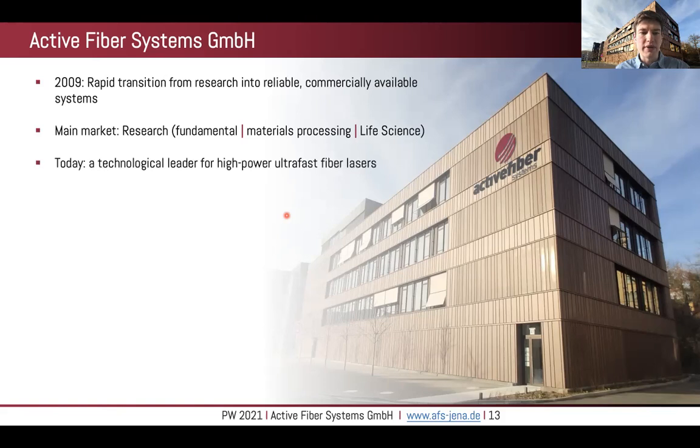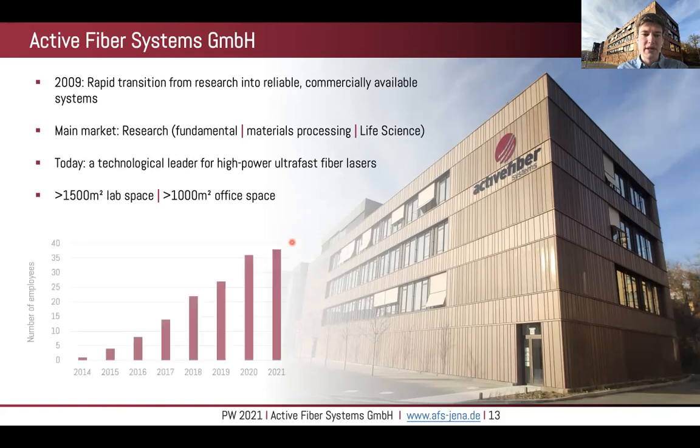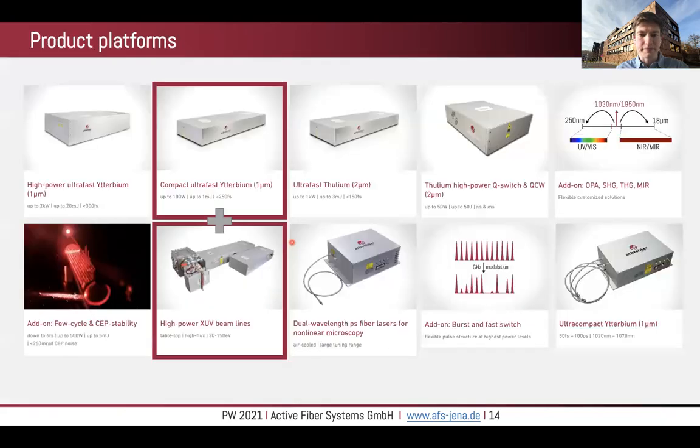And today we are the technological leader for high power, ultra fast fiber laser systems. We recently moved into our new building, which you can see here on the picture, with more than 1,500 square meter lab space and more than 1,000 square meter of office space. And as you can see, over the recent years, we have been growing rapidly.